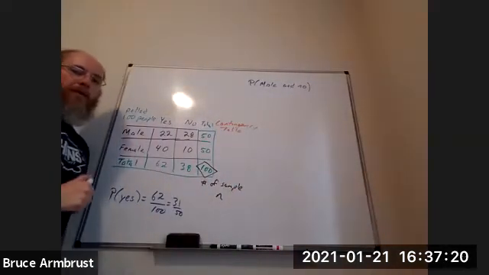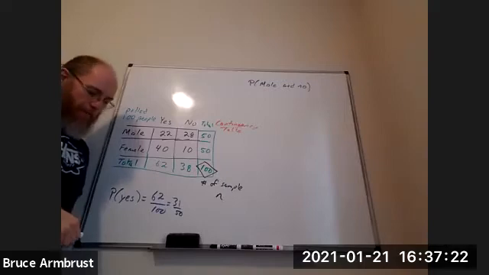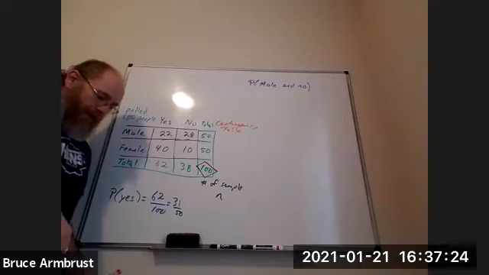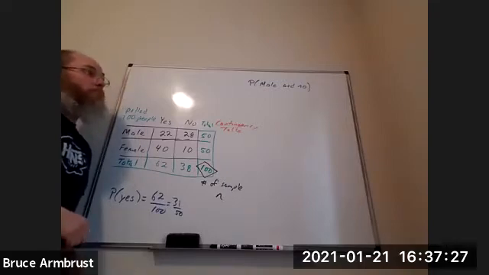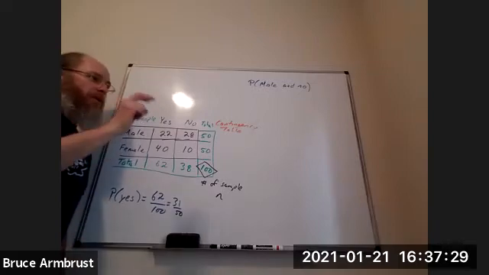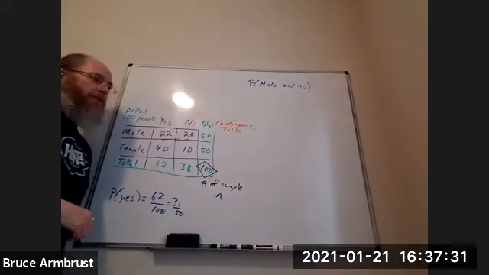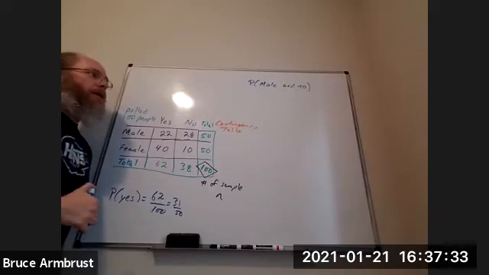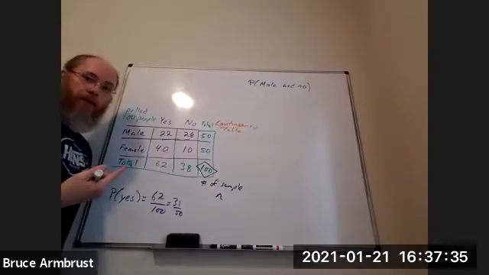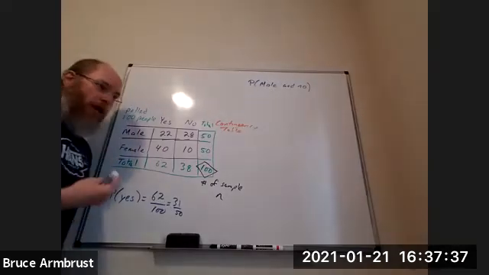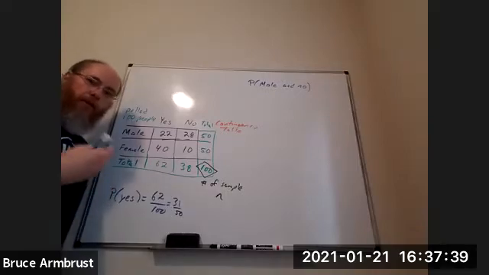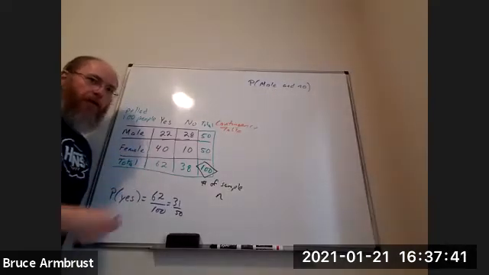So what's the probability that if we go and randomly grab one of these 100 people, they were male and said, no, I do not think women should be able to serve in combat?